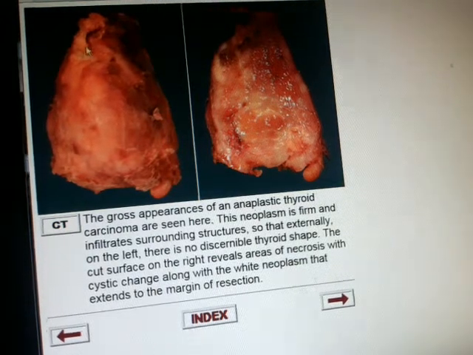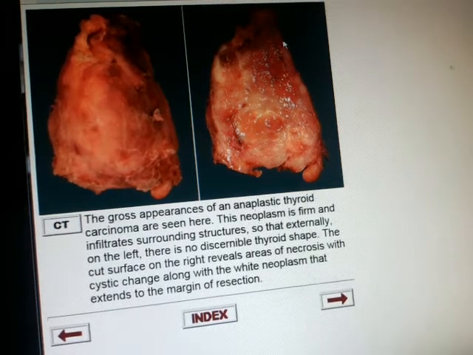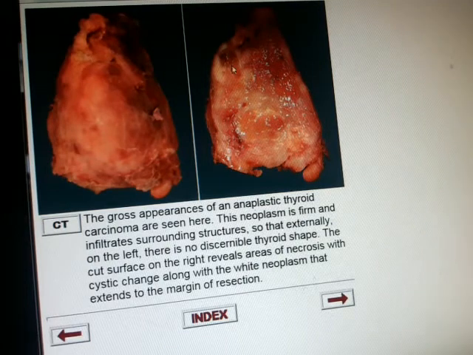This thyroid lobe is enlarged and has lost its normal anatomical orientation. On cut section, there are multiple foci of infiltrating irregular white lesions all over the gland and reaching the outer surface.